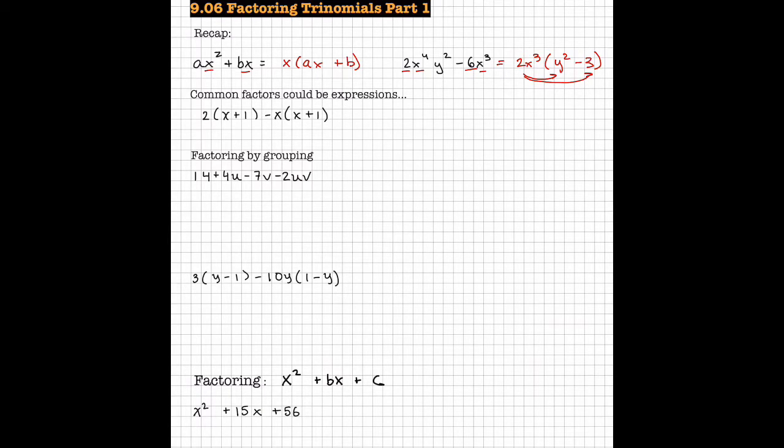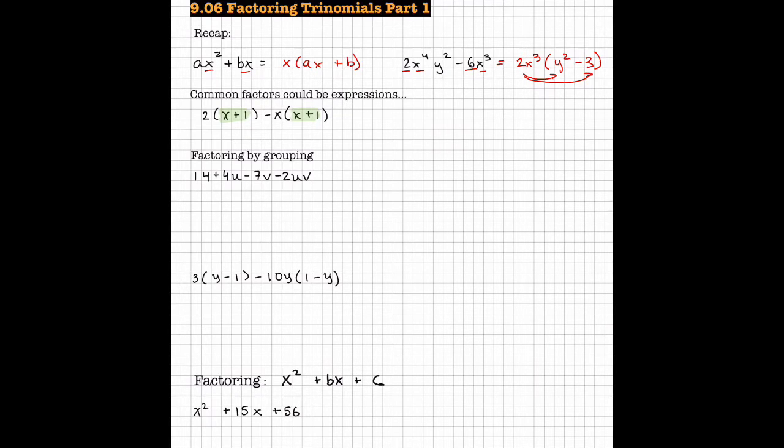There's other types of problems that we have to look at, and factors don't necessarily have to be just variables or numbers. They could be expressions. So in the problem 2 times the quantity x plus 1 minus x times the quantity x plus 1, we can clearly see that in both terms we're multiplying by x plus 1.